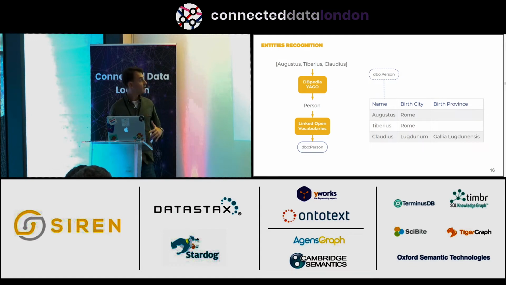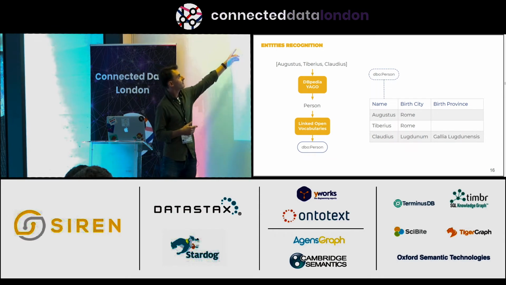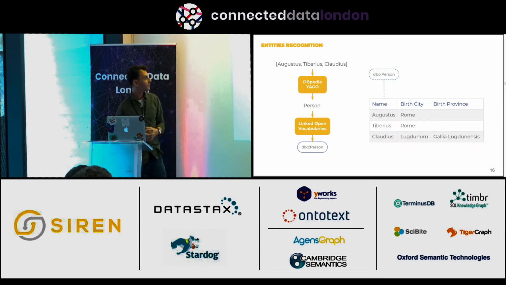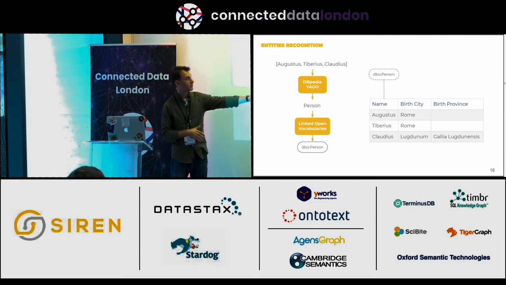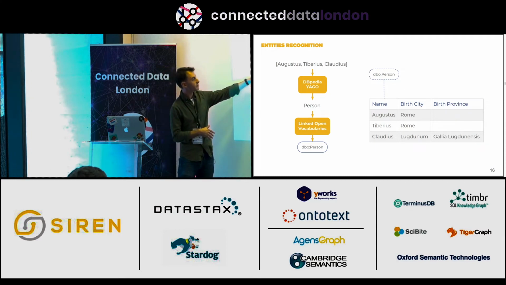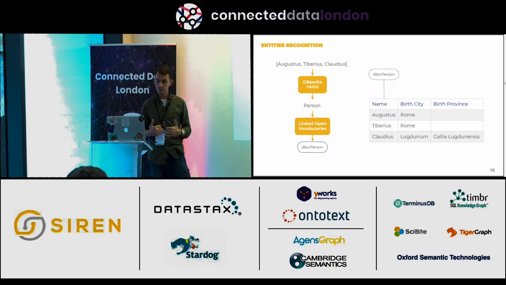When we ask these graphs which resources these values are, we retrieve the type, the class of these resources. Here, for example, for Augustus, Tiberius, and Claudius, we retrieve the class person.